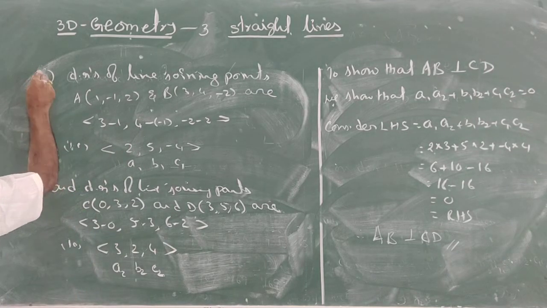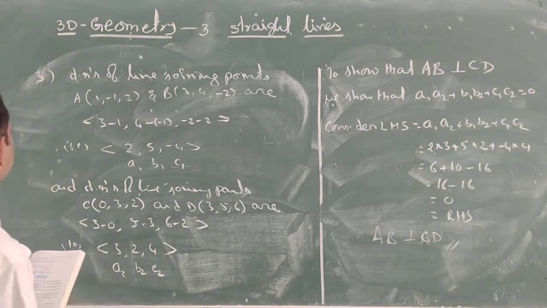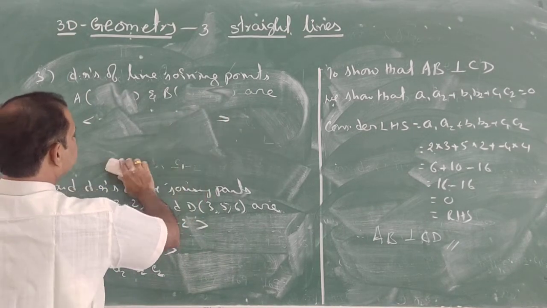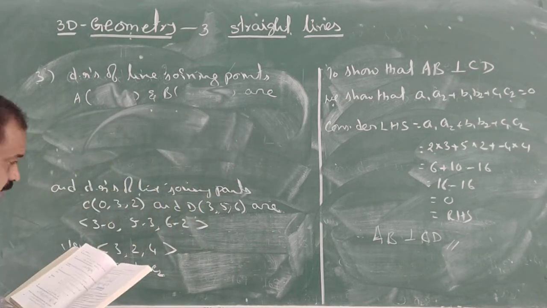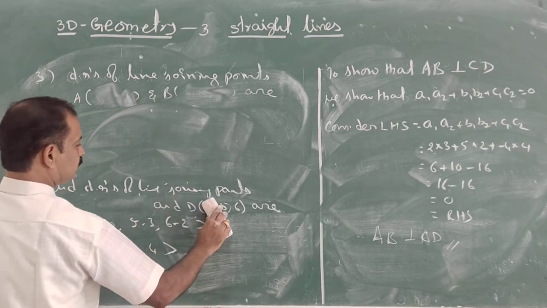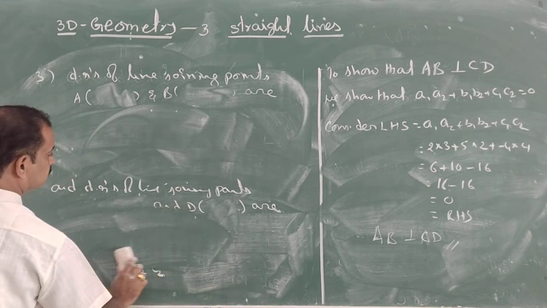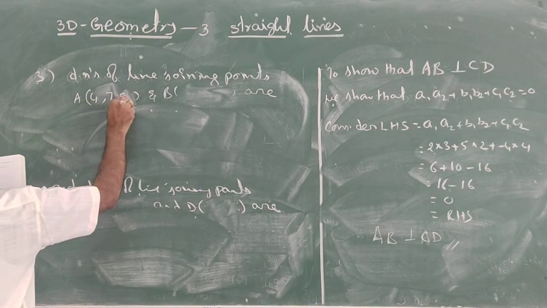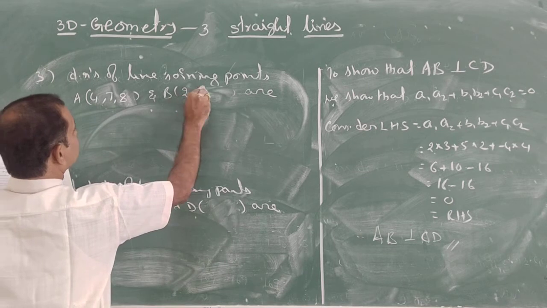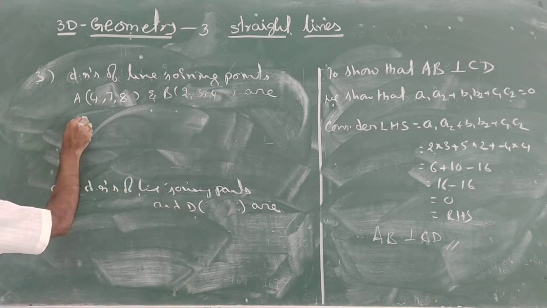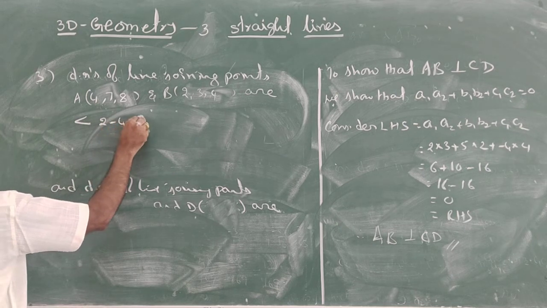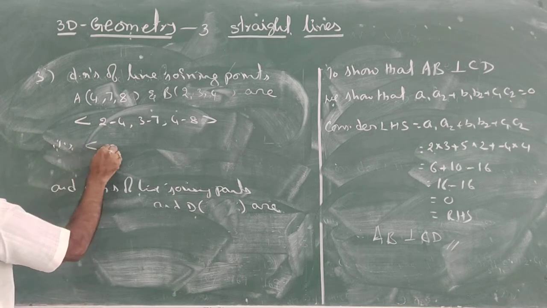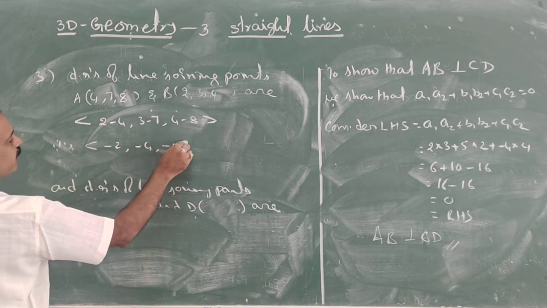So the third one is DRs of the line joining points A of 4, 7, 8 and 2, 3, 4. Then DRs are 2 minus 4, 3 minus 7, 4 minus 8. So that is minus 2, minus 4, minus 4, A1, B1, C1.